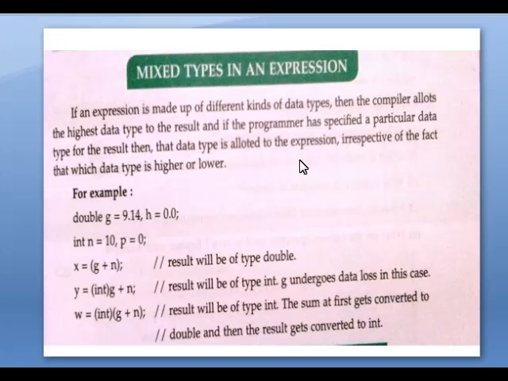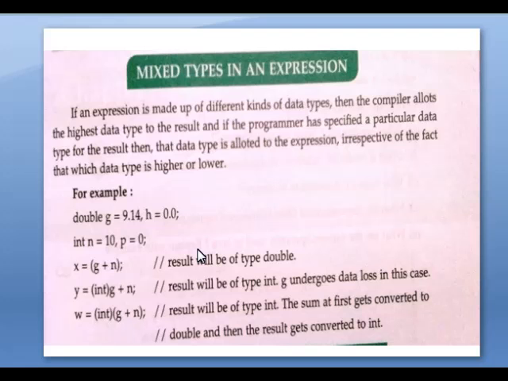If we are using data of different data types, the compiler gives the priority to the data type with larger bits.